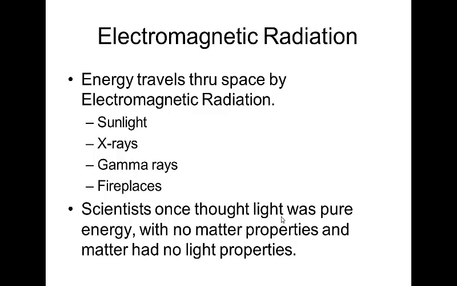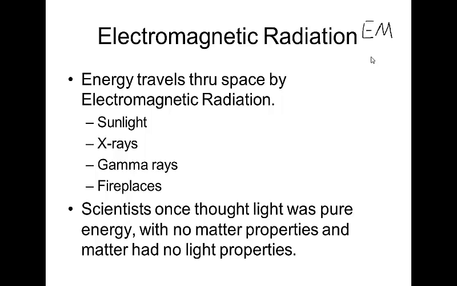Electromagnetic radiation, EM for short, and if you ever watch any science fiction shows, they're always talking about the EM field, is energy that travels through space by electromagnetic radiation. So it is light, aka energy. Sunlight, X-rays, gamma rays, fireplaces give off heat.